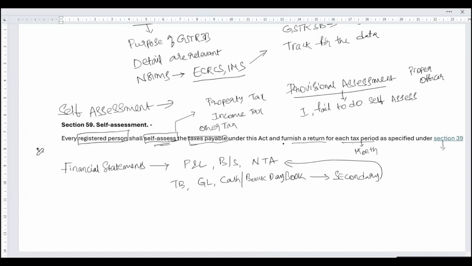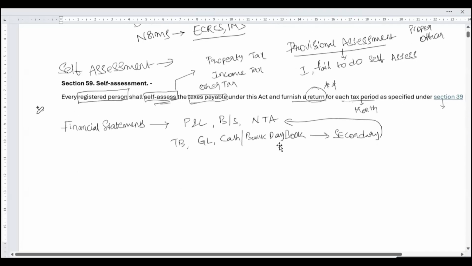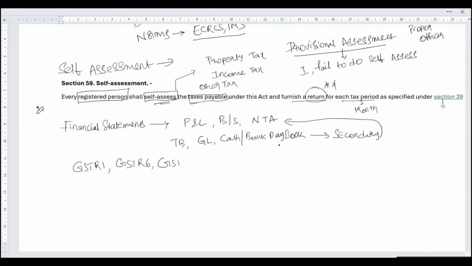Now, similarly, the term return which is used is something which is important. We need to understand. People generally say, whenever someone says GST return, my GSTR1, GSTR6, or GSTR2B, GSTR3B, they believe that all these are GST returns.